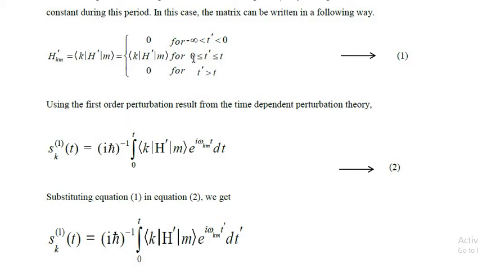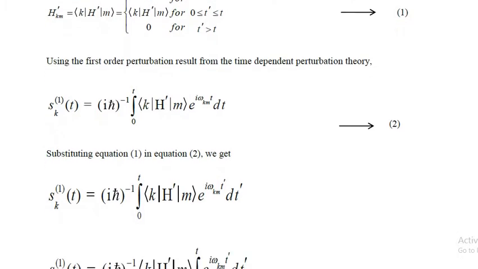That is, for the time 0 to t we have the matrix <k|H'|m>. So we have got like this (i h cross)^-1 integral 0 to t the matrix form e power i omega_km t prime dt prime.